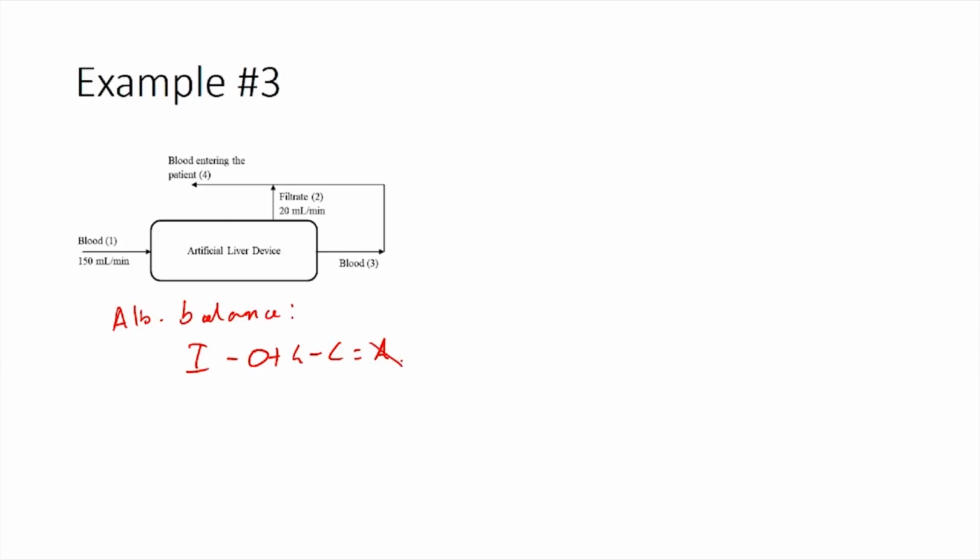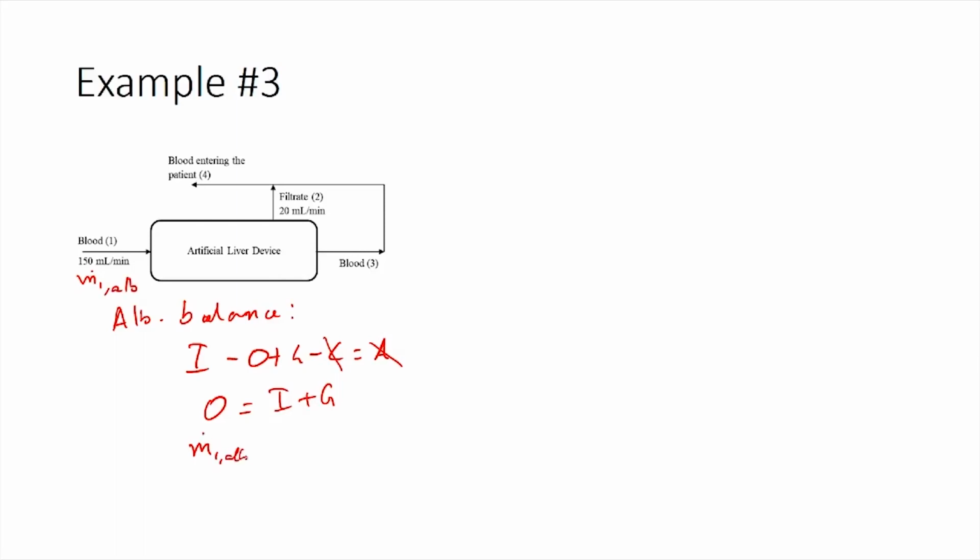Albumin is not consumed in the reaction, but it is being generated at a rate of 5 grams per day. So, there is no consumption. However, there will be an output and a generation term, and there is also going to be an input term. Okay. So, with that, to calculate the output of albumin, we will need to know the input plus generation terms. The input term, we will call this M1 albumin.